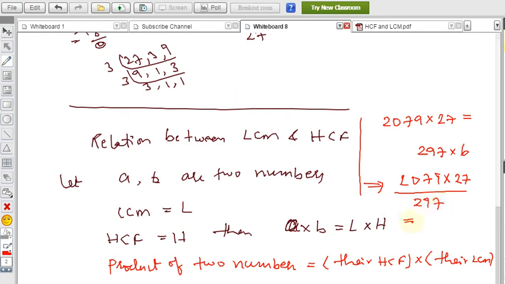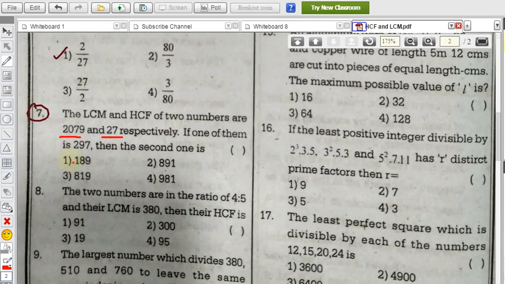If you simplify this, we'll get the value. We can do cancellation, multiply and divide, so 189 is the other number.